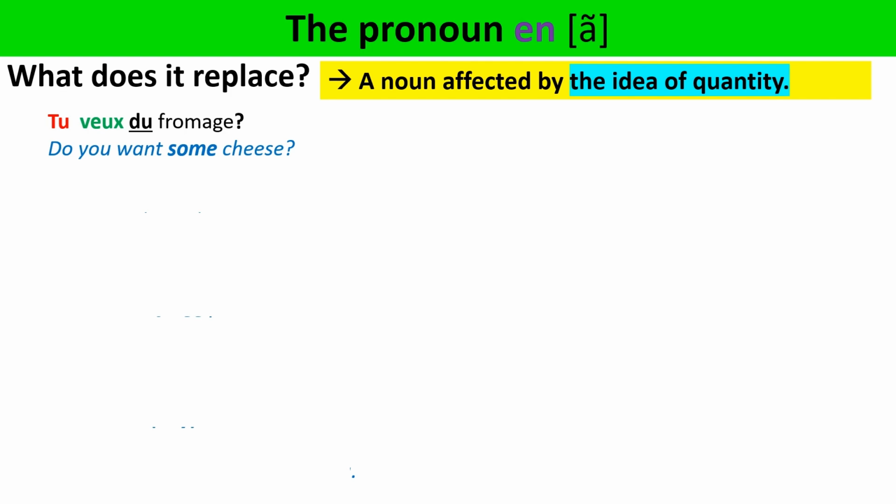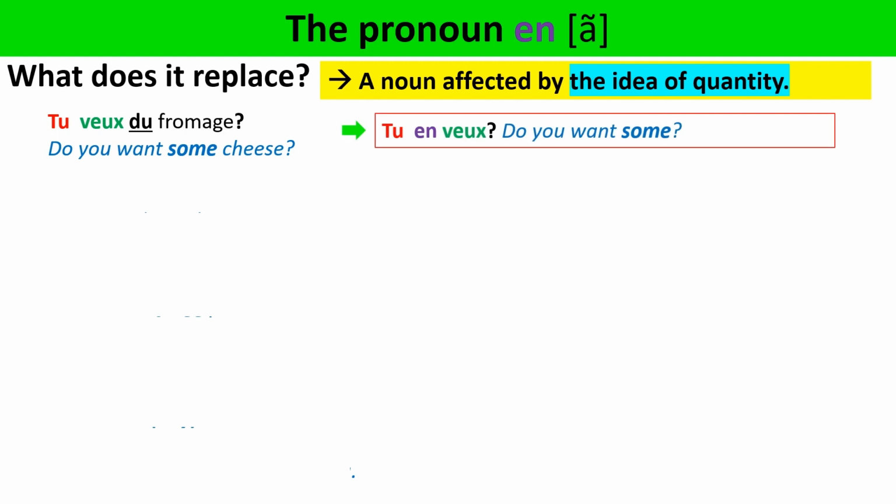But implied is the idea of some cheese, a certain quantity of. In a sentence with a pronoun, we are going to have tu en veux. Do you want some? Note that again the pronoun goes before the verb veut.